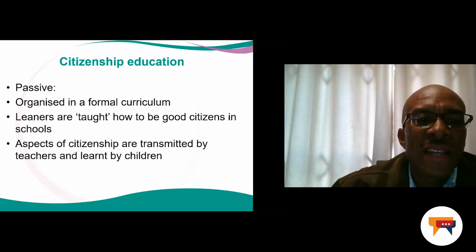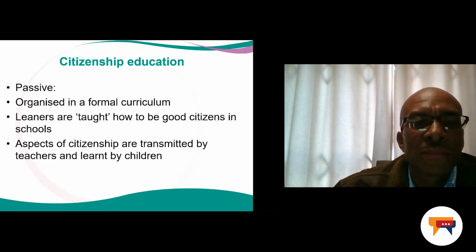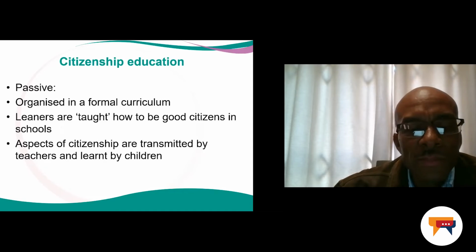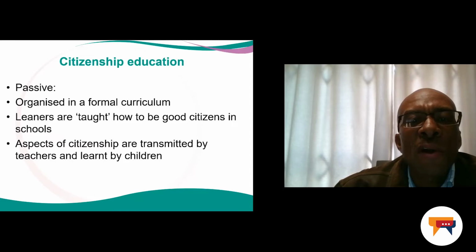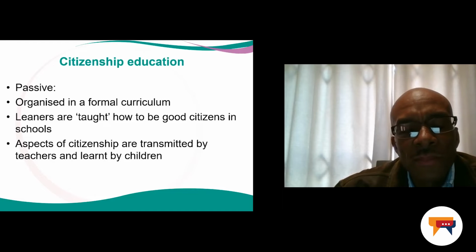In the second instance, we have the passive notion of citizenship education. The passive notion of citizenship education is organized in a formal curriculum. Therefore, learners are taught how to be good citizens in schools.